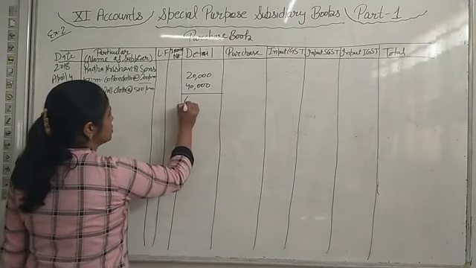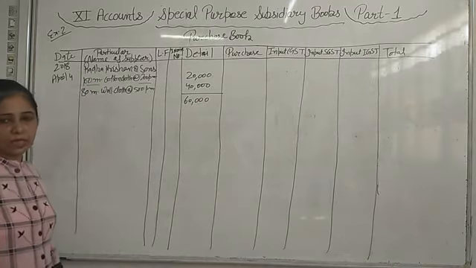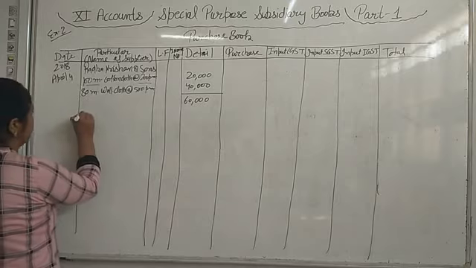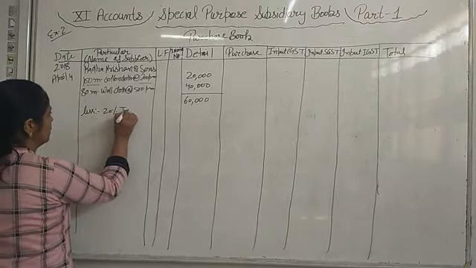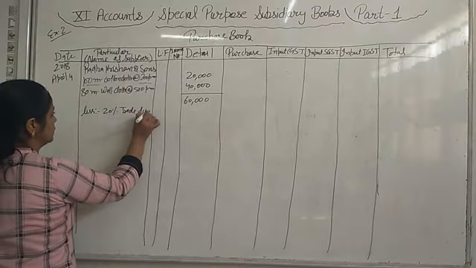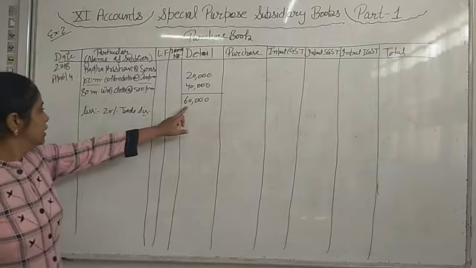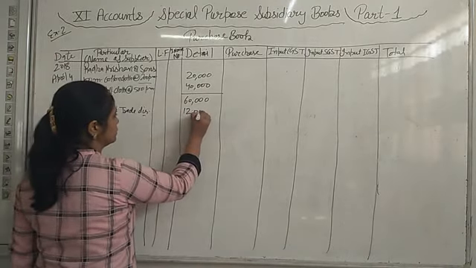Now we have purchased goods of rupees 60,000 and we have received 20% trade discount. Then less 20% trade discount, that we will mention here. How much? 20% of 60,000 is 12,000.